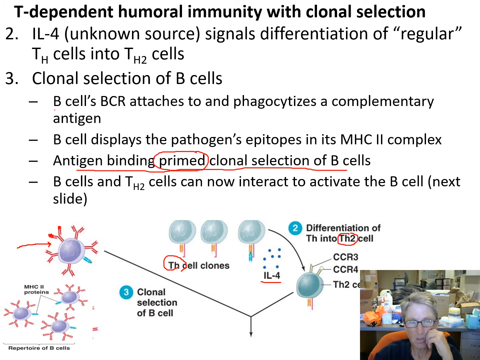So B cells and helper T2 cells can now interact to fully activate the B cell. So yeah, here's our B cell. It's got its epitope from the pathogen, and then this T cell receptor will recognize that, and the helper T2 cell will secrete cytokines and fully activate the B cell.